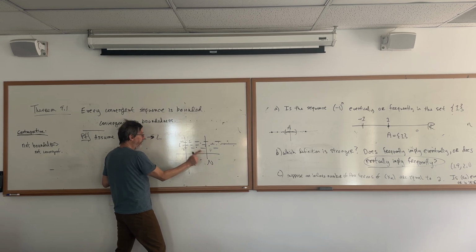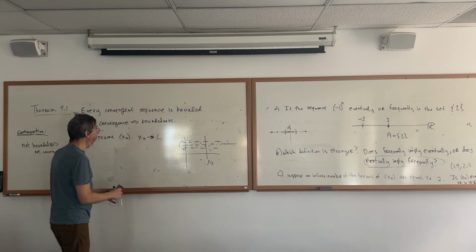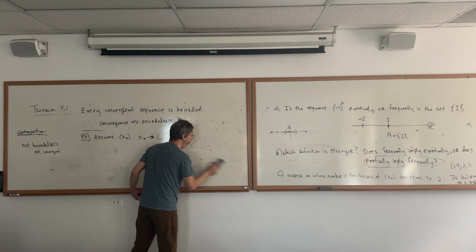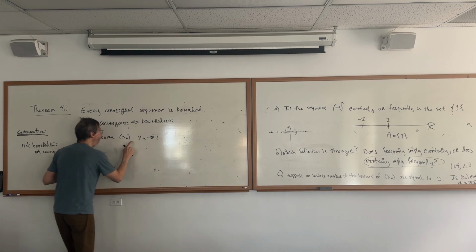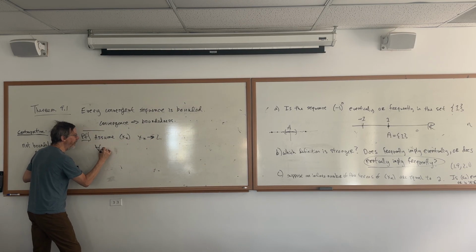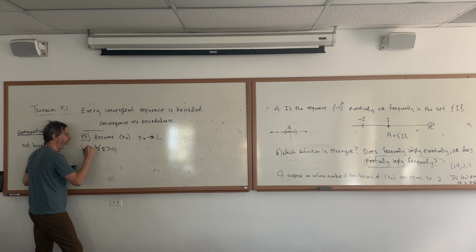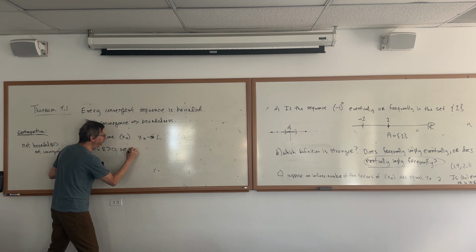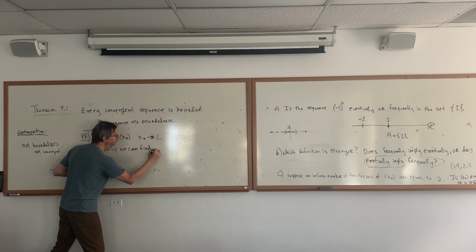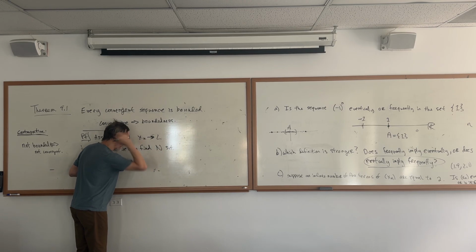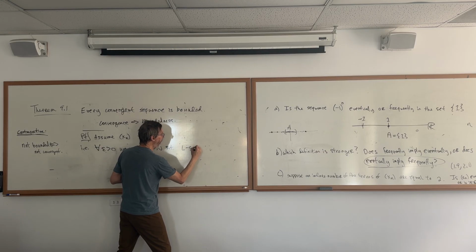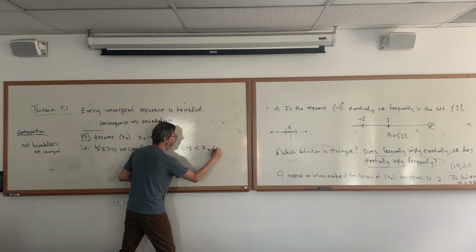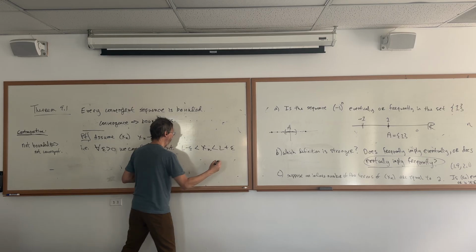Okay, so here's our picture. So let me draw it again. And remember, this is for all epsilon. Let's actually write that up. We know that for all epsilon greater than 0, we can find capital N so that, and I'm going to write it out as a double inequality, L minus epsilon is less than x sub n is less than L plus epsilon.